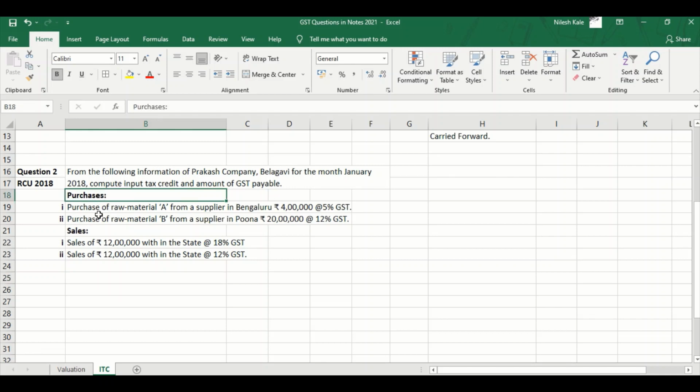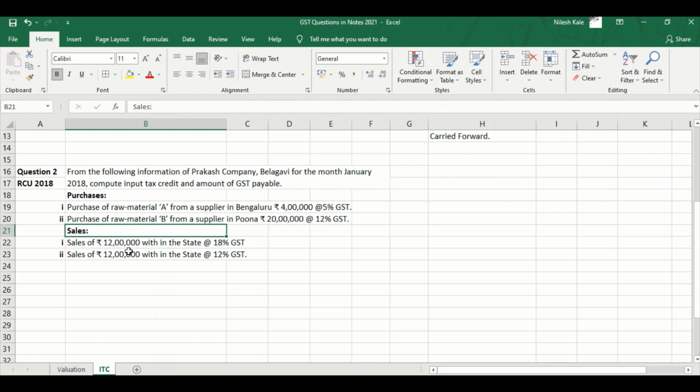Purchases they have given. Purchase of raw material A from supplier in Bengaluru, rupees 4 lakh at 5% GST. And purchase of raw material B from a supplier in Pune, rupees 20 lakh at 12% GST. Sales they have given.